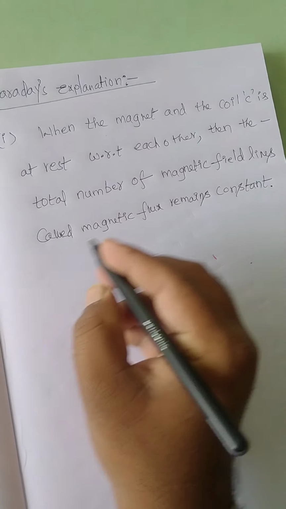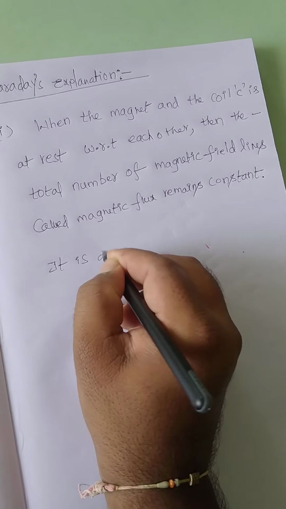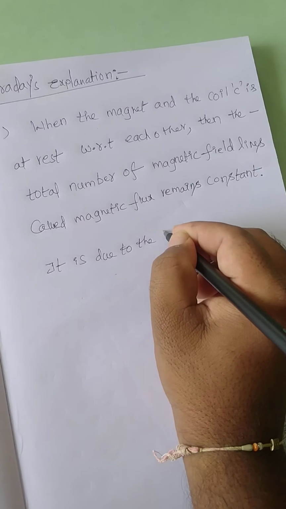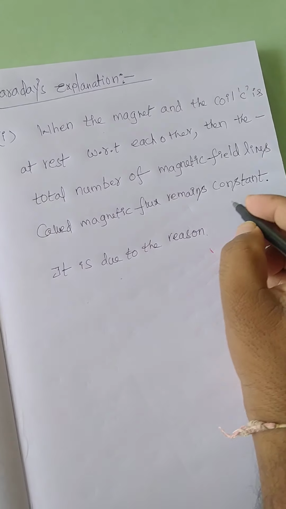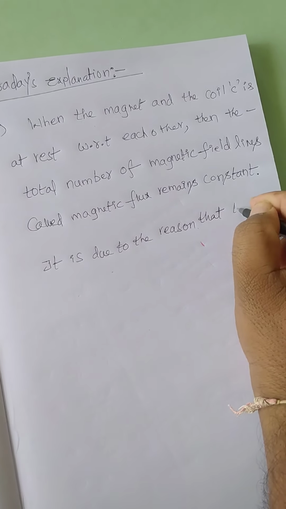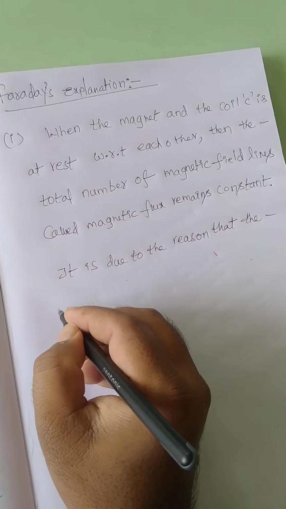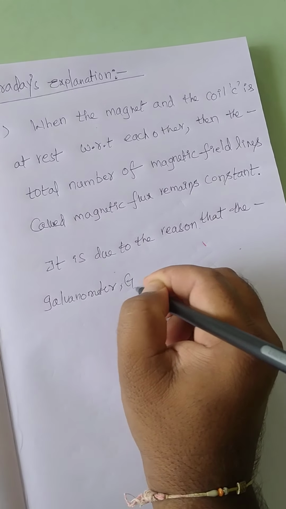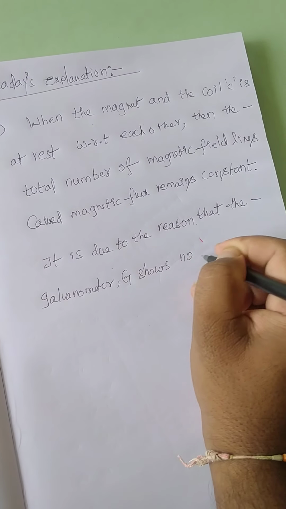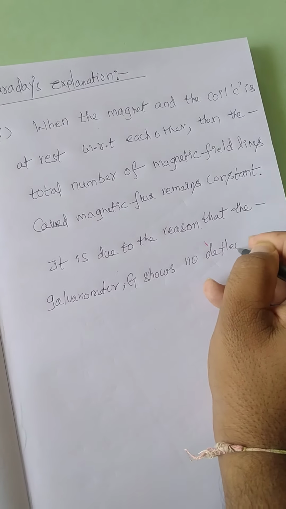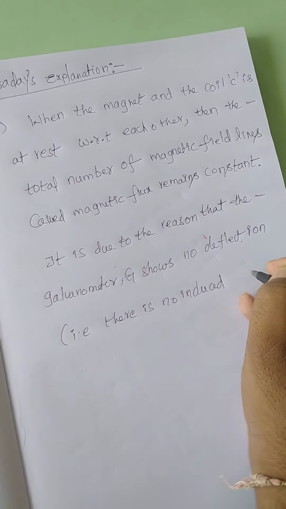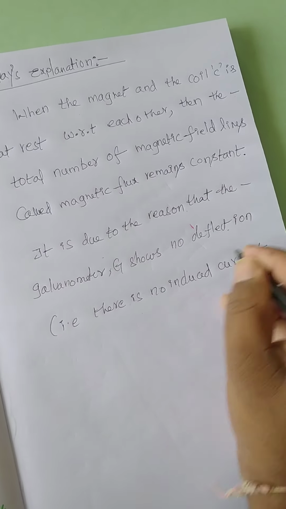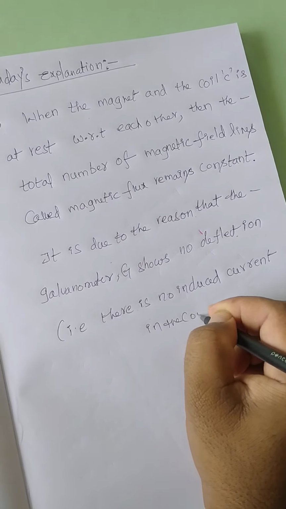It is due to the reason that the galvanometer G shows no deflection, so there is no induced current in the coil.